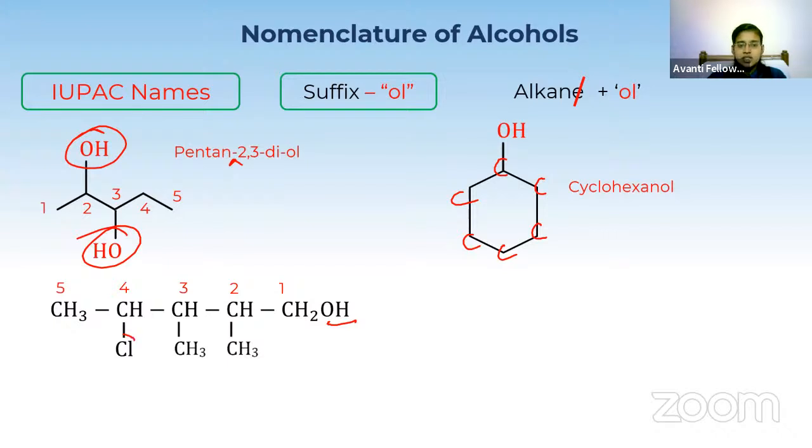We have 3 substituents. One is chloro and the other 2 are methyl. So find out the correct name of this compound. If we have more than one type of substituent, then we have to name the compound in alphabetical order. So we have C for chloro and M for methyl.